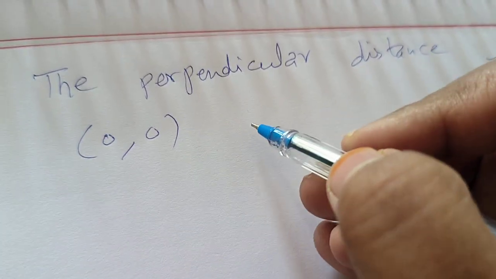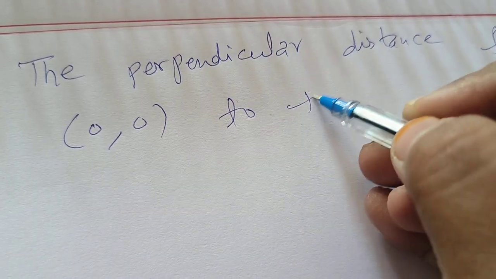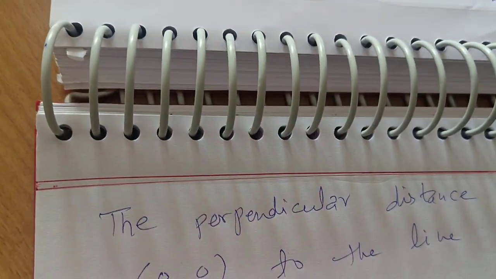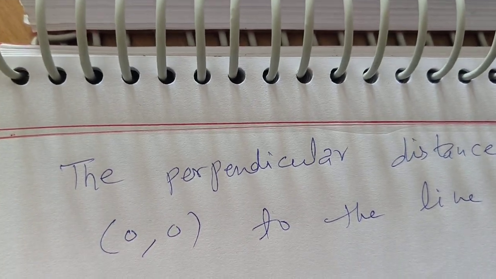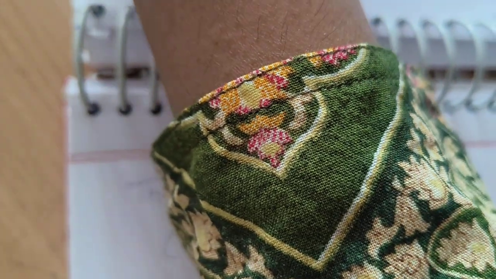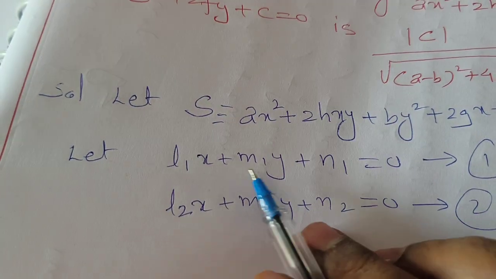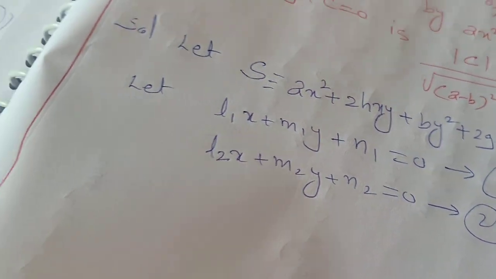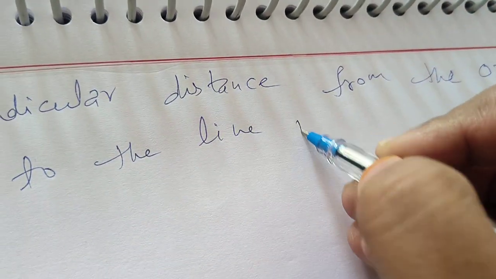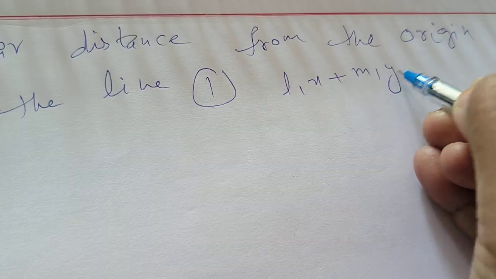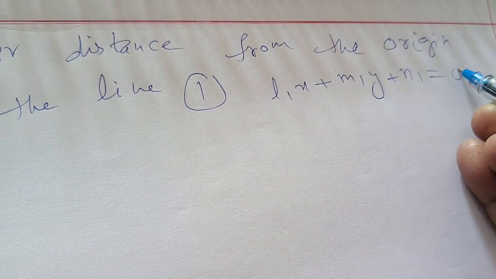Here we are taking the origin (0, 0) to the line. The first line is L1x plus M1y plus N1 is equal to 0.